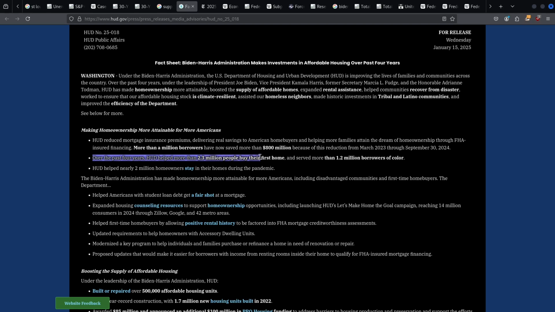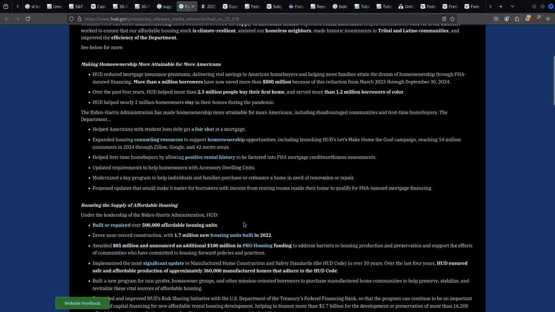Oh, and serve more than 1.2 million borrowers of color. The diversity of it all, the gloriousness of it all, helping out those poor, impoverished people of color. And even more importantly here, drove near record construction with 1.7 million new housing units built in 2022.